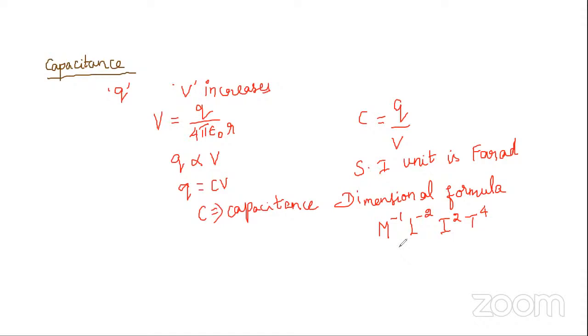I have given you the SI unit of capacitance, that is farad, and you have smaller units as well, like microfarad and picofarad. 1 microfarad is equal to 10 power minus 6 farad. Another smaller unit, 1 picofarad, is equal to 10 power minus 12 farad. These are the smaller units of capacitance.